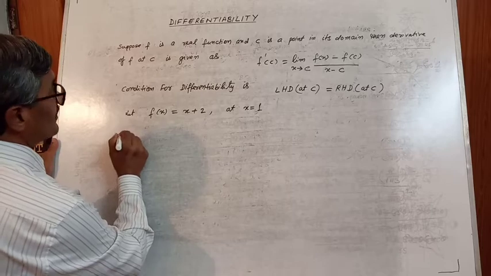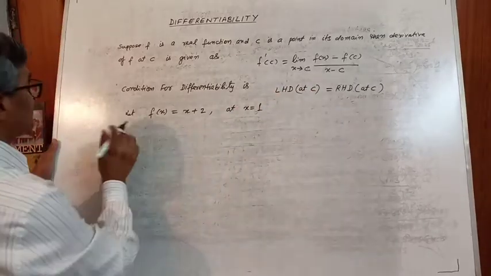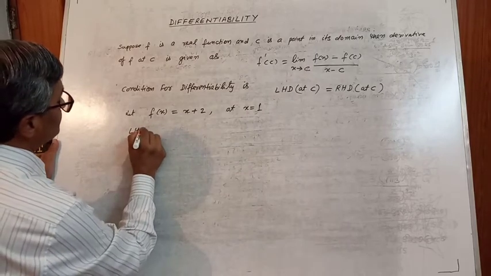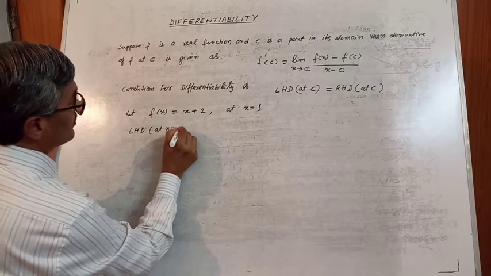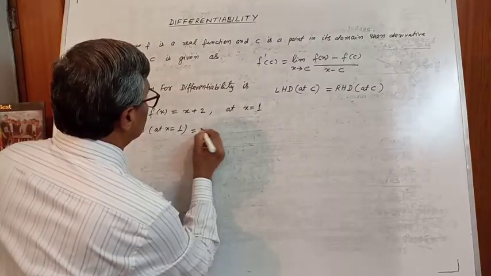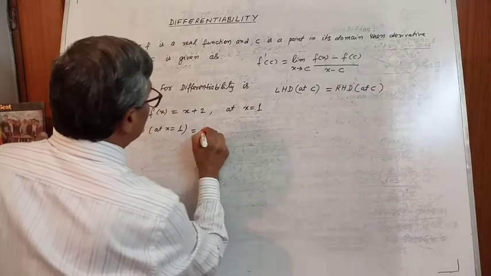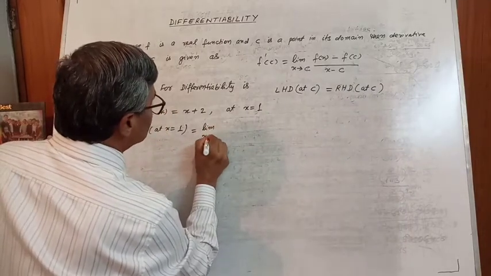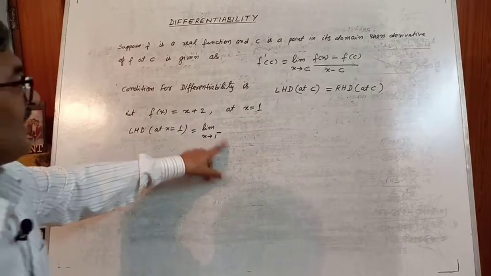Then left hand derivative at x equal to 1. For this function I am going to find left hand derivative, taking help of this formula: limit x tends to 1 minus.